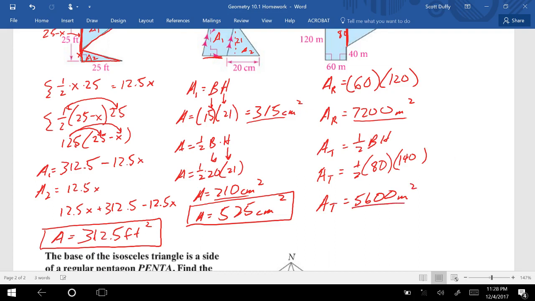So add those two together, and I get a total area of 12,800 square meters.